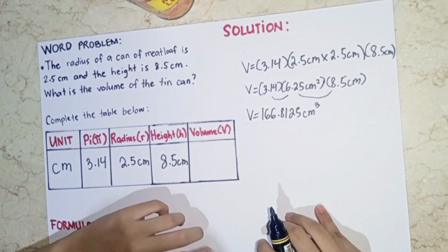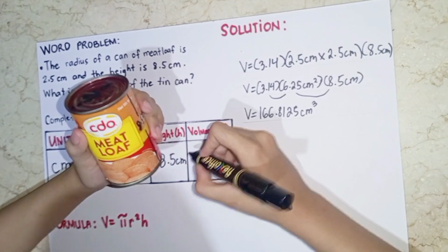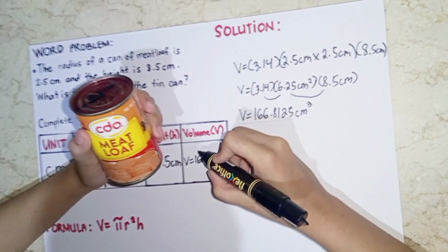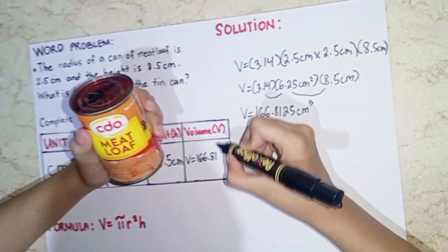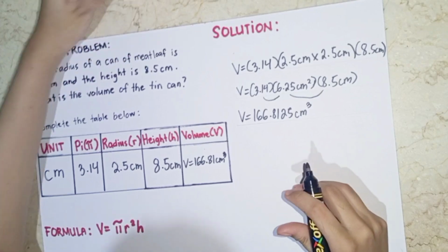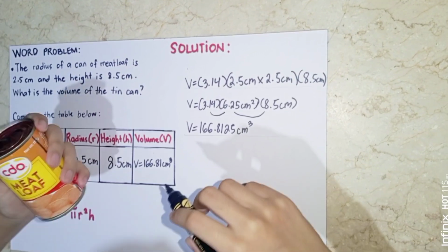Therefore, the volume of the canned meatloaf is 166.81 cubic centimeters. And that is how you solve to get the volume of a cylinder.